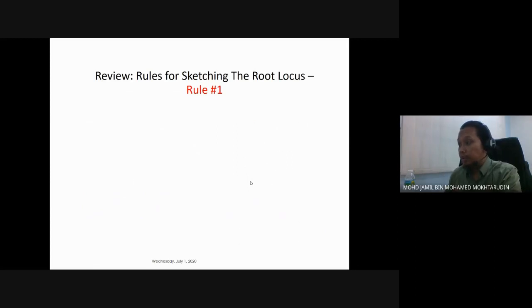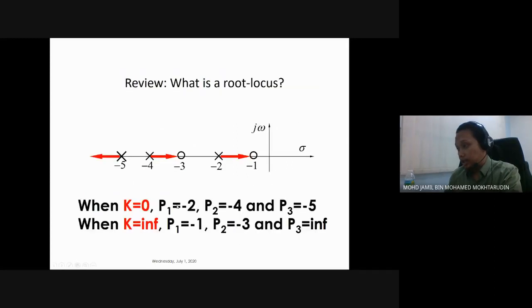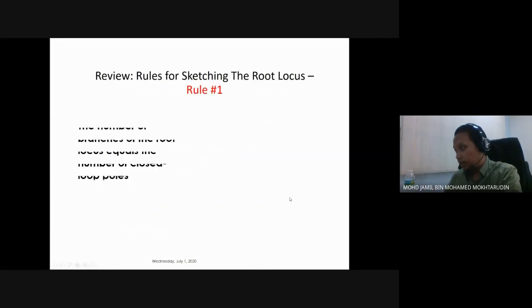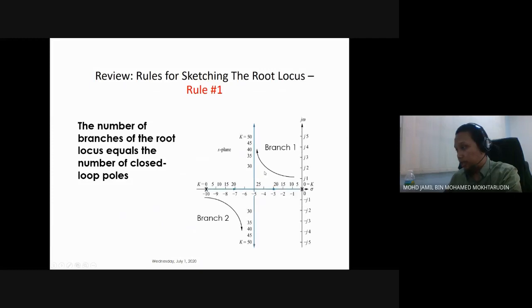So, for example, in this example that I showed just now, you found three poles: -2, -4, and -5. So you have to expect that the root locus will have three branches, or three lines, or three graphs.